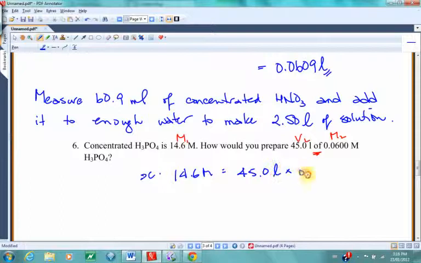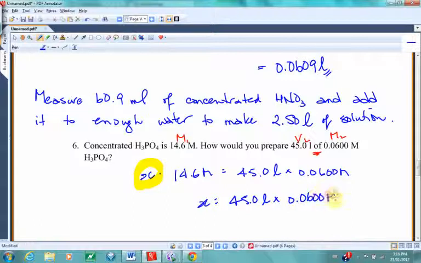We're going to isolate the X, and X is equal to 45.0 liters times 0.0600 molar divided by 14.6 molar. Cancel out those repetitive units, and we get 0.185 molar. Final answer.